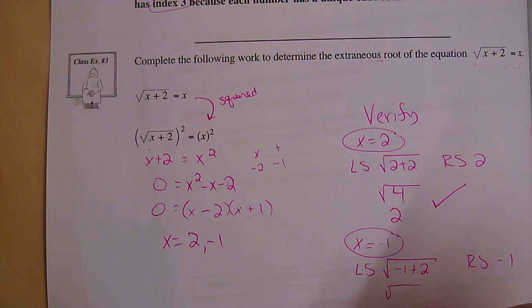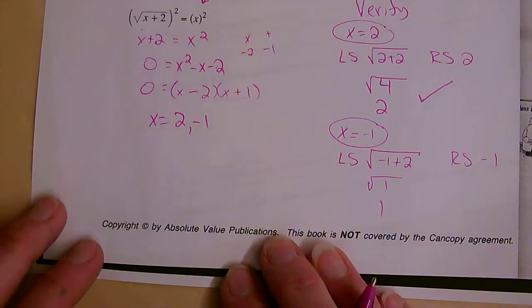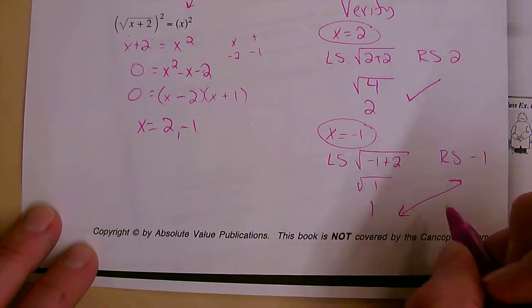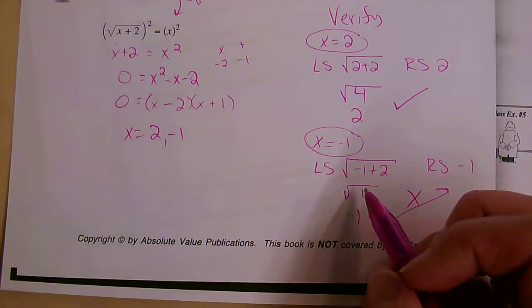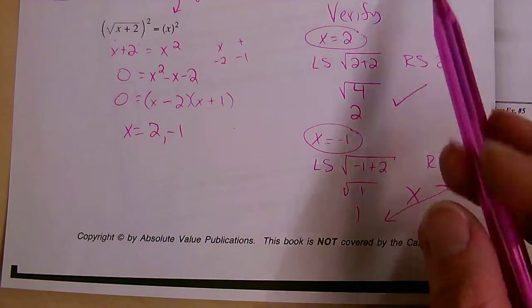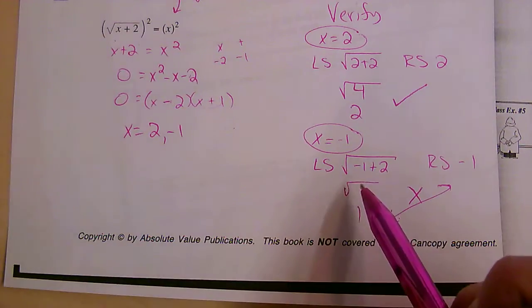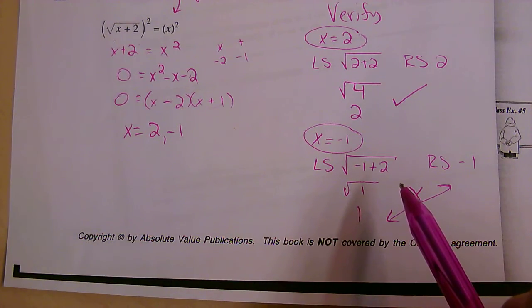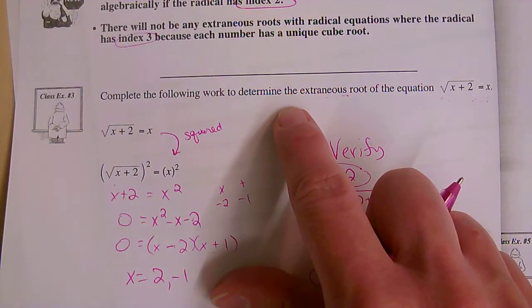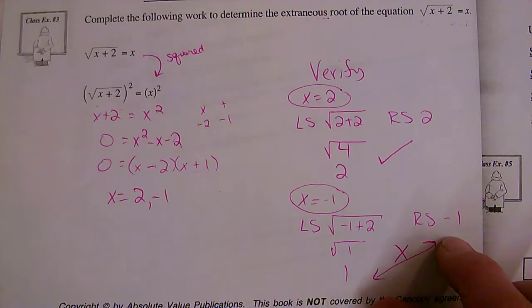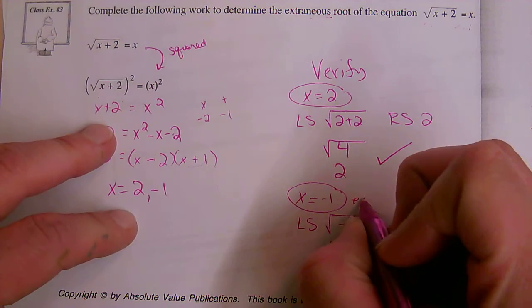Negative 1 plus 2 is positive 1, and the square root of positive 1 is just 1. Those are not verified. That does not equal. Did I do something weird here? No, I'm good. So to answer this question, the extraneous root is negative 1.